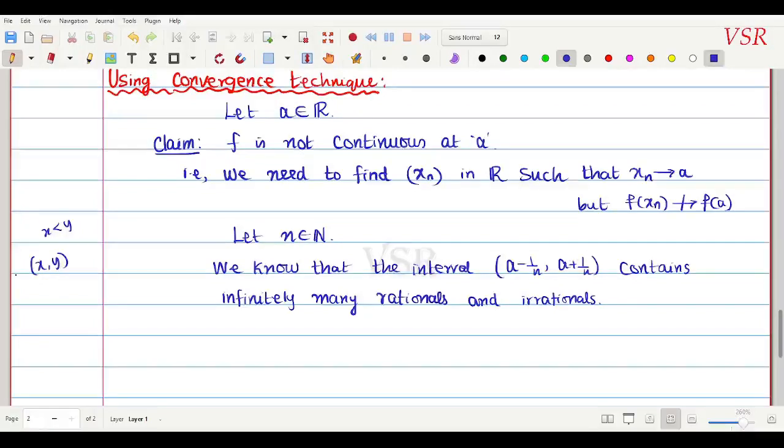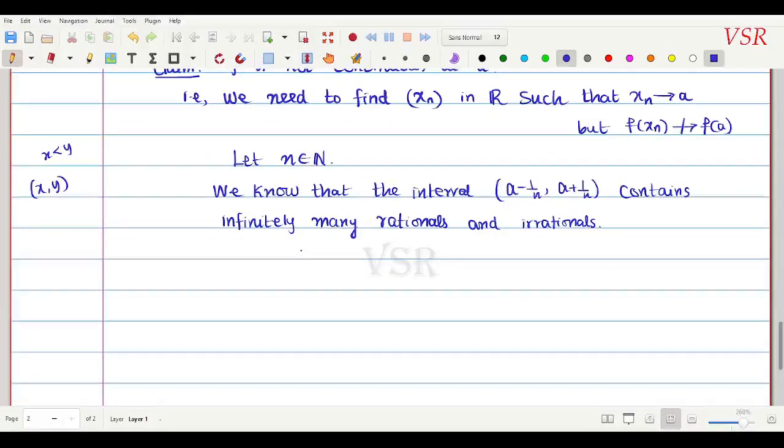Okay, so choose, let Rn be a sequence, let Rn be a rational number such that it lies in the interval a minus 1/n comma a plus 1/n.